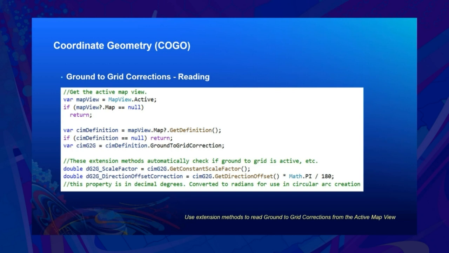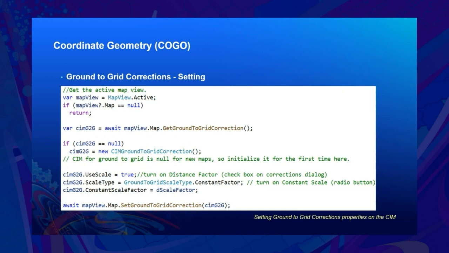If any of those are not active or turned off in the UI, then the scale factor returns 1, and similarly for the direction offset correction it returns a value of 0. Also note here that the direction offset correction is always stored in decimal degrees. In this little snippet of code we're converting it to radians for use in the geometry engine functions.